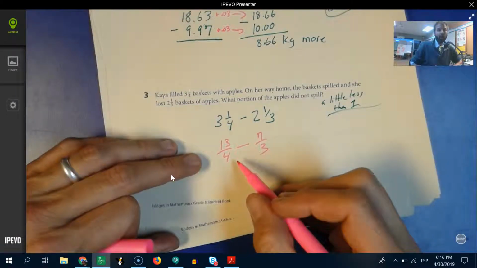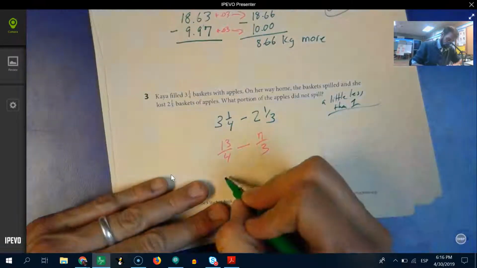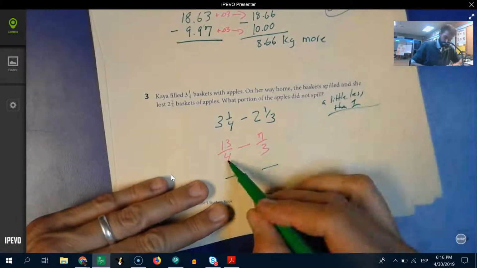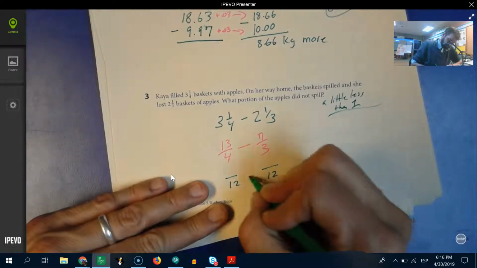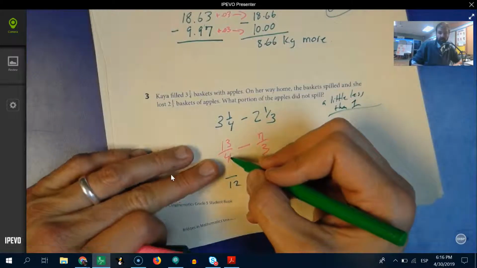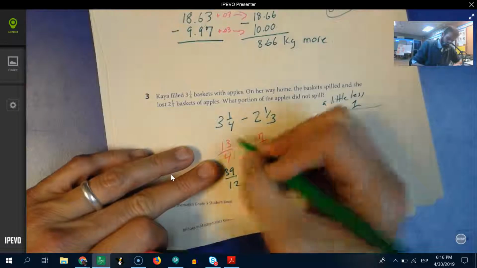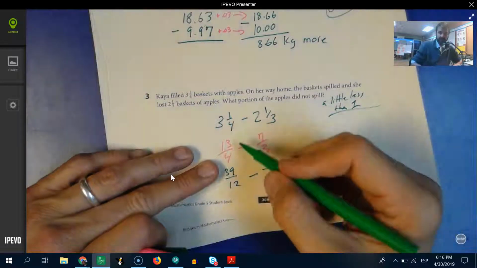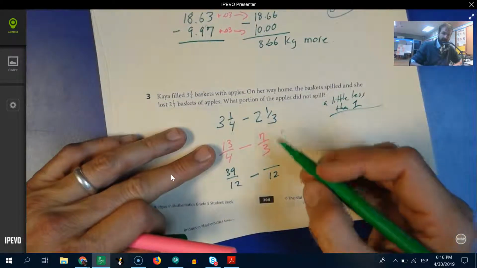Can I subtract? No, because the denominators aren't the same. So I need to change my denominators. 4, 8, 12. How do I get from fourths to twelfths? I multiply by 3. 13 times 3 is 39, because 3 times 10 is 30, 3 times 3 is 9, 30 plus 9 is 39.